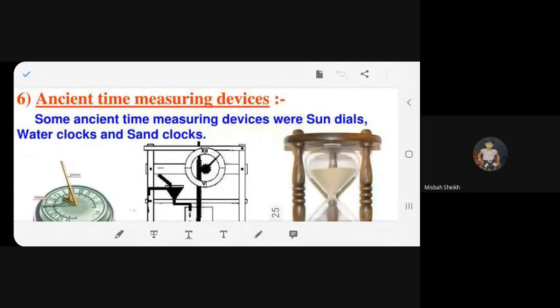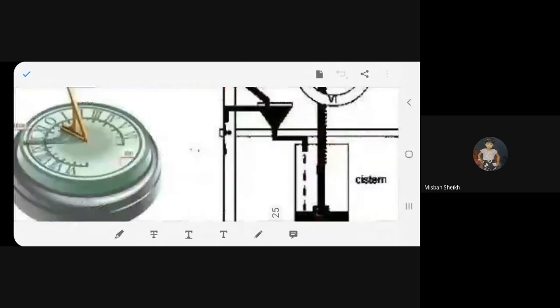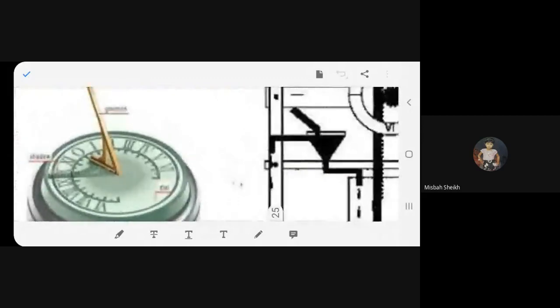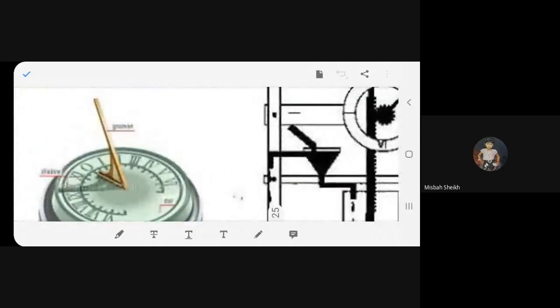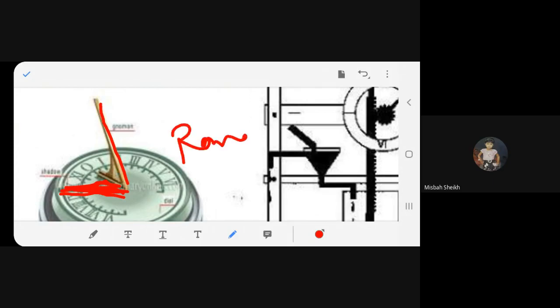First one is sundial. See over here, this is a sundial. Can you see the shadow over here? The shadow shows the time. And you can see these are all in Roman numerals.